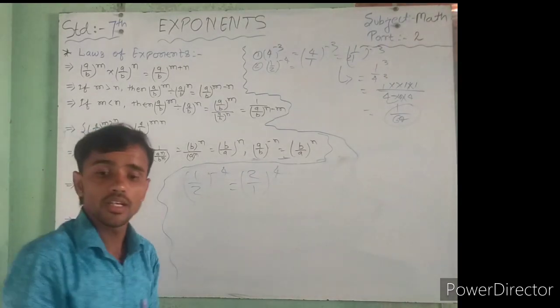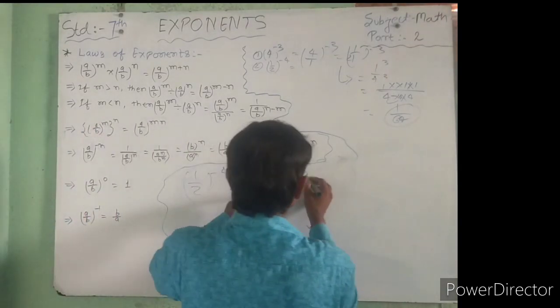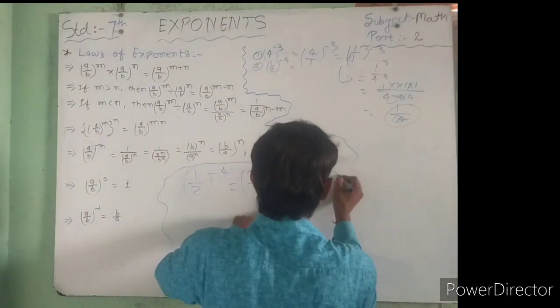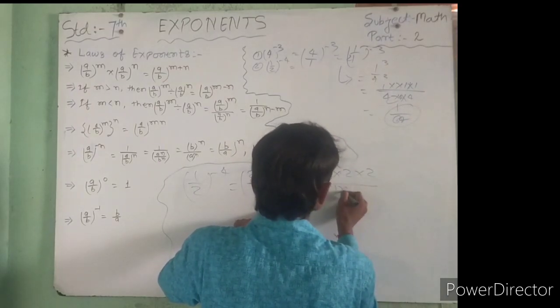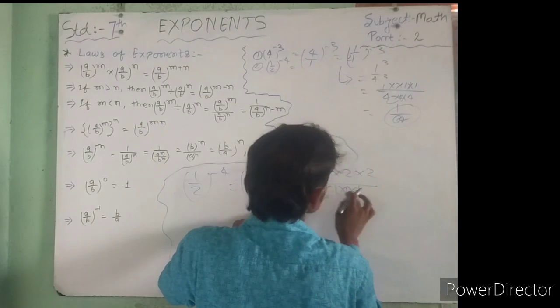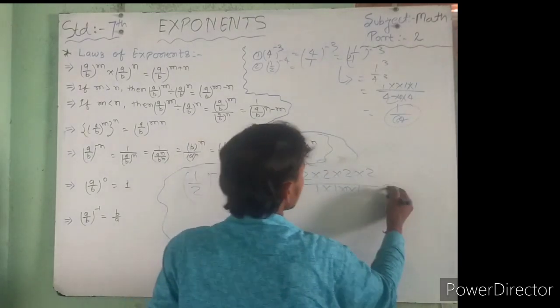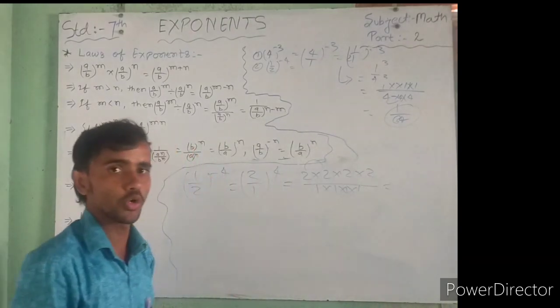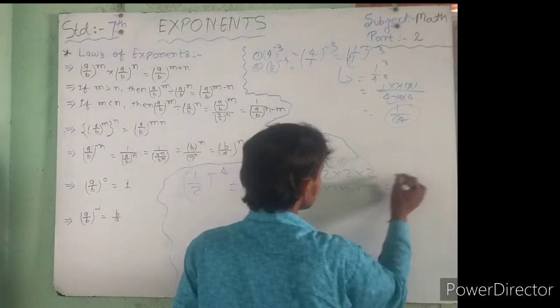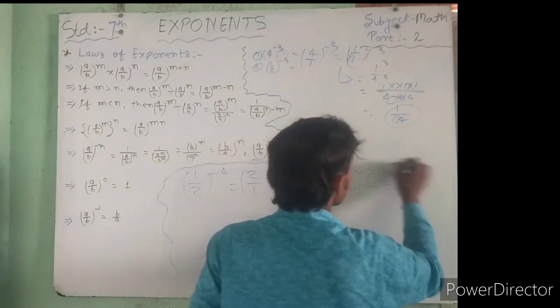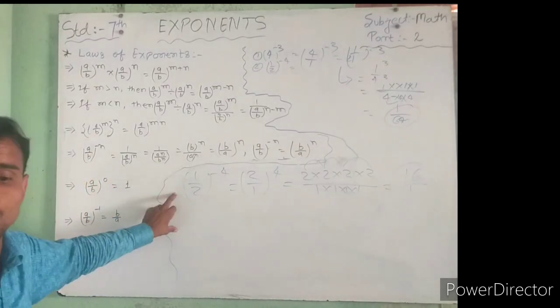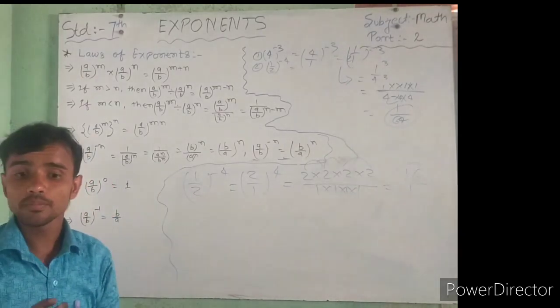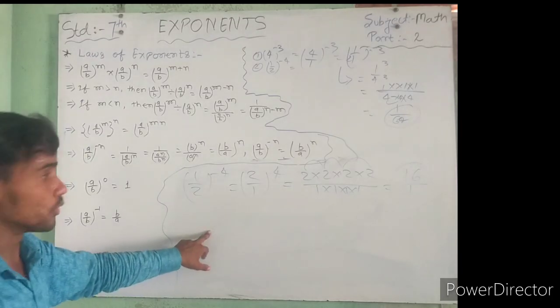Then you convert to numbers, 2 multiply 2 multiply 2 multiply 2, and 1 multiply 1 multiply 1 multiply 1. 2 2 is 4, 4 2 is 8, 8 2 is 16, 16 by 1, that's your answer. So that's 1 by 2 power minus 4.